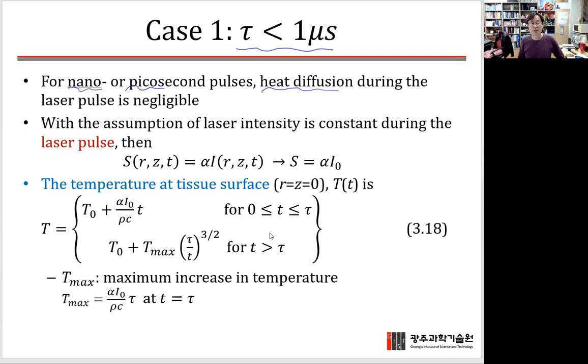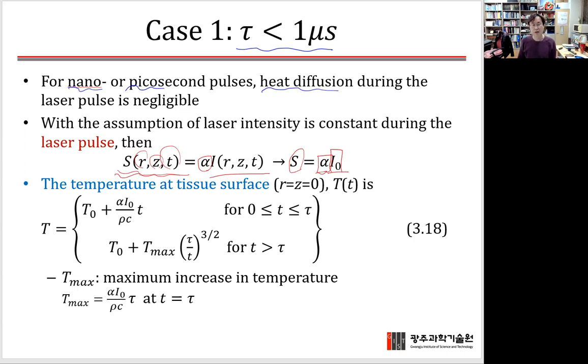With the assumption that the laser intensity is constant during the laser pulse, then S at R, Z and T is basically alpha times the light intensity value. So heat sink. From here, you can see basically S is going to be the attenuation coefficient of the tissue, or actually here the absorption coefficient, with the light intensity maximum value at the surface.